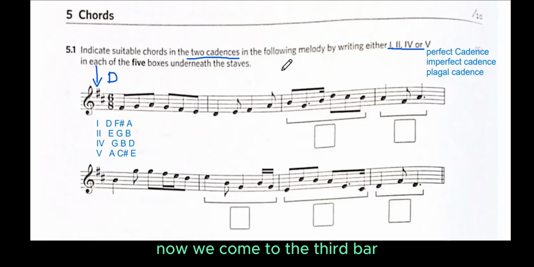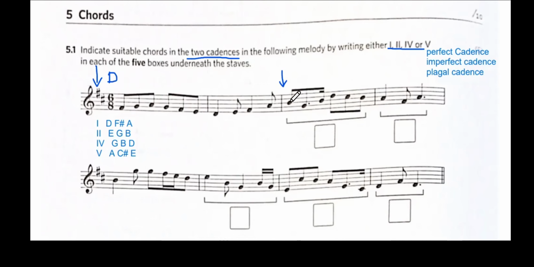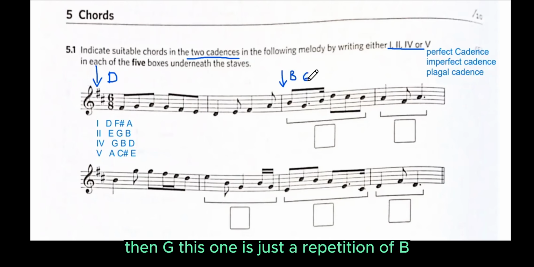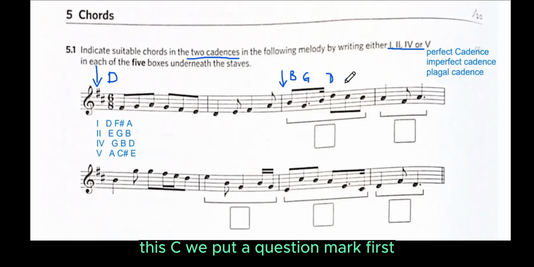Now we come to the third bar and recognize all the letter names. The first one is a B, then G. This one is just a repetition of B. Then we have a D. This C, we put a question mark first, and then the B is a repetition.